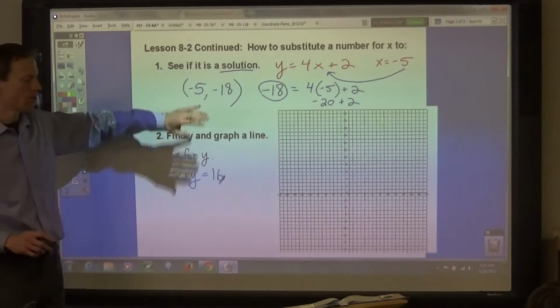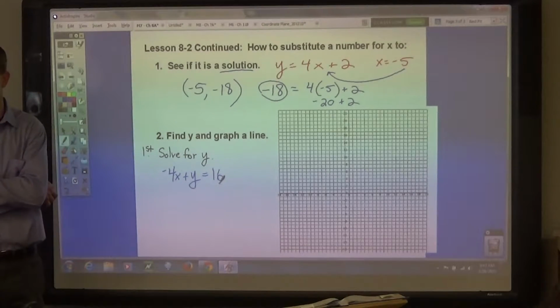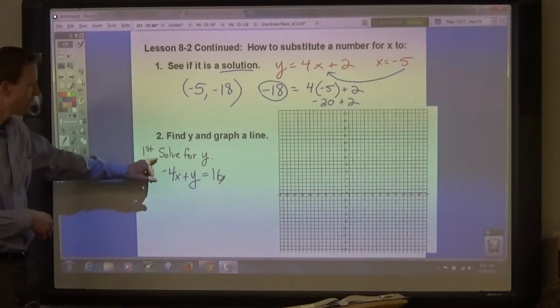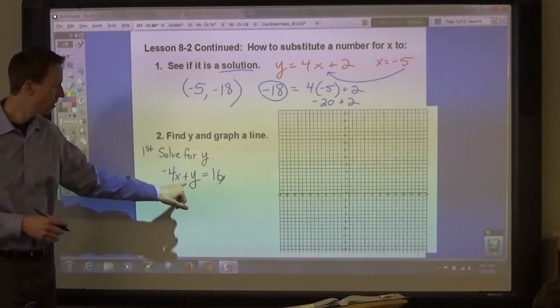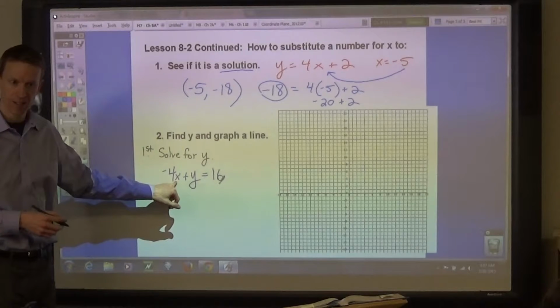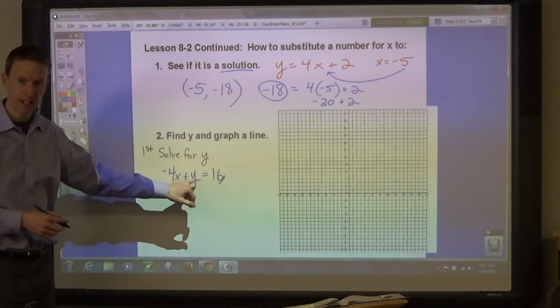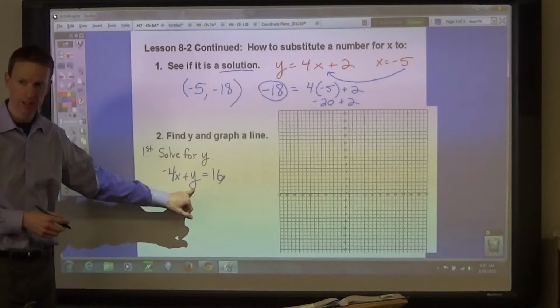Now, how are we going to make our chart and graph the line? We're going to solve for y first, because that way, when we substitute x in, we can easily find what y is.